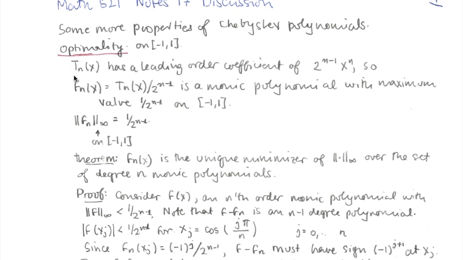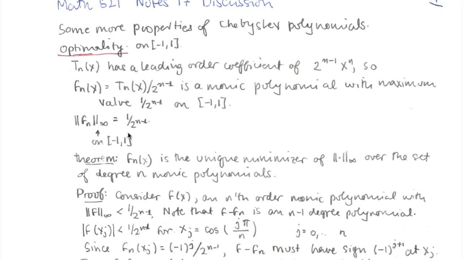And because I know these have a maximum value of 1 on the reference interval, and more than that, and this is the property that we'll use later on, the local maxima are exactly plus and minus 1 alternating in sign. So this monic polynomial has maximum value 1 over 2 to the n minus 1.